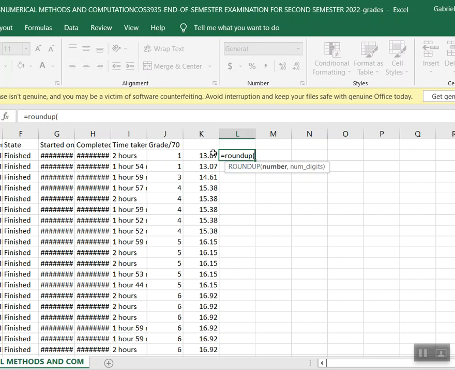the same thing that we did. The number could be this number, but let me use the original function to help us. So we have 0.77 times this plus 12.13. Then the number of decimal points is 0 at the end. Then I add brackets to that and I press enter.